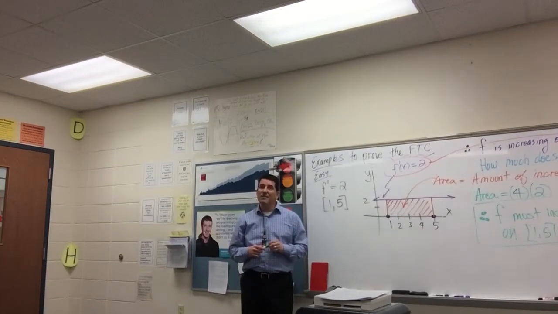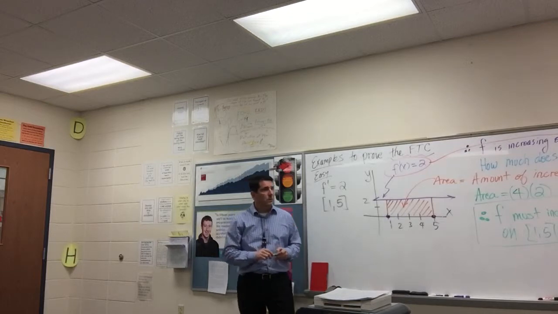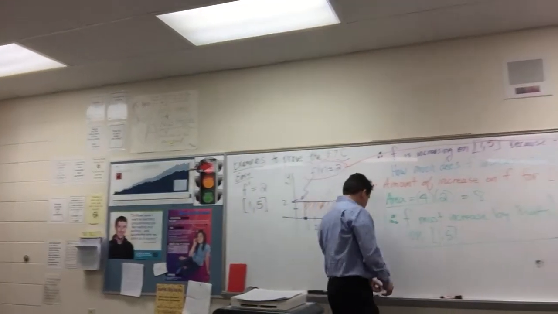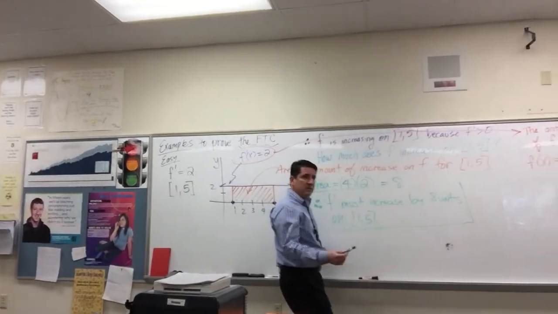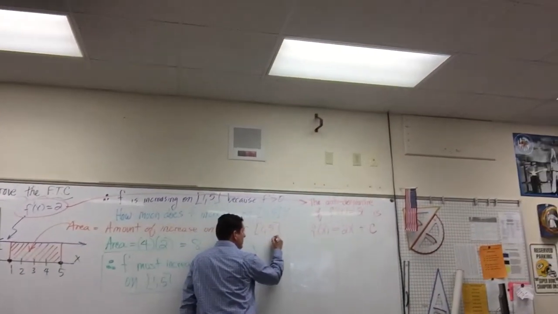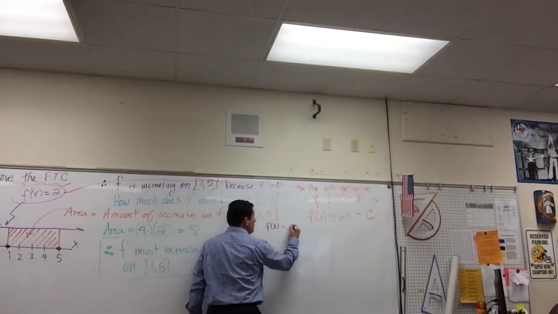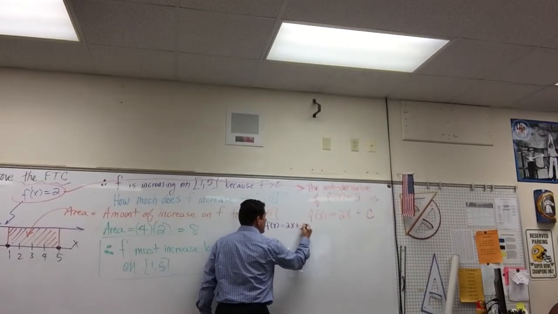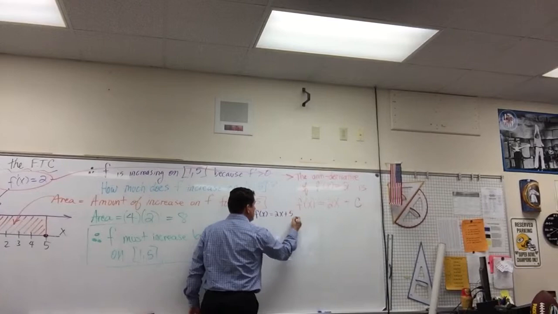Does it matter which f of x? Does it matter what c we pick? That's the problem. So let's do a bunch and see what happens. f of x is equal to 2x plus 5.